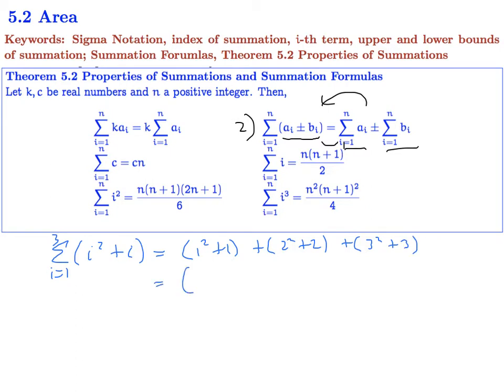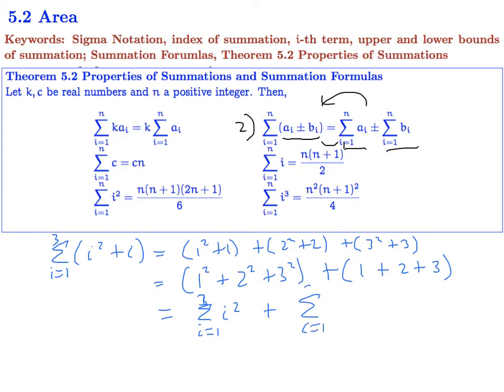And we can reorganize these into 1 squared plus 2 squared plus 3 squared plus 1 plus 2 plus 3. And now these become nice patterns that we can write as sums. So this first one is just the sum from i equals 1 to 3 of i squared, and the second one is the pattern from i equals 1 to 3 of just i. So what we've done is broken one pattern up into two separate sums.